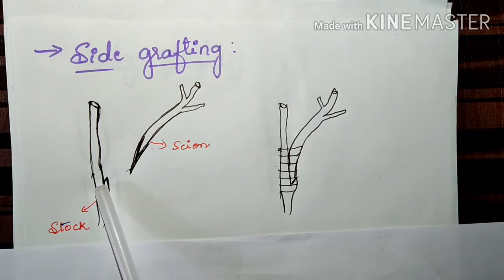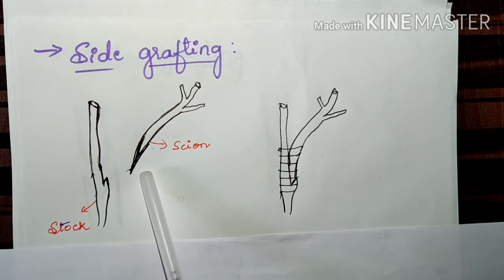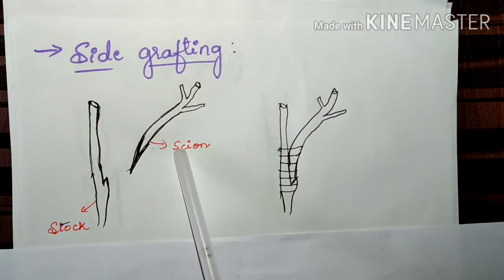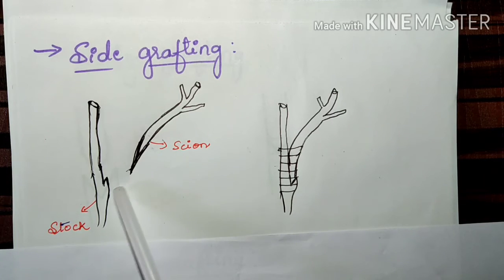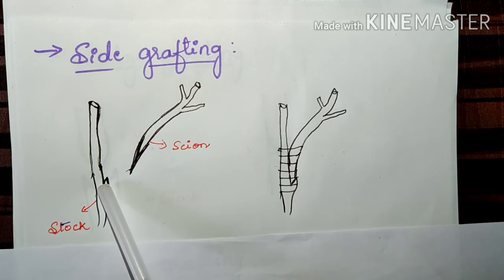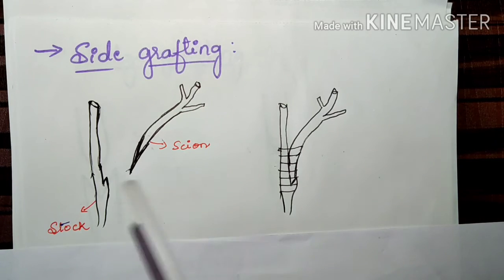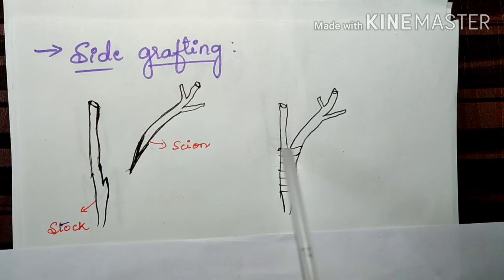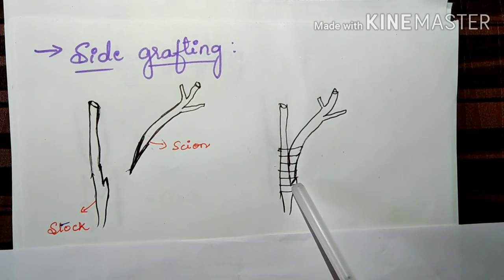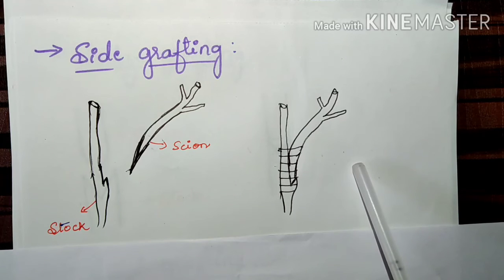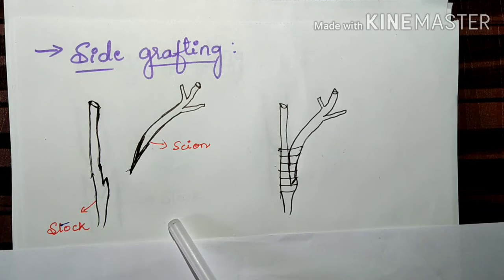Here you can see a slit in the lateral side of the stalk, and this wedge-shaped scion will be inserted in this region. Then we need to wrap it and allow it to develop into a single composite plant. This is how side grafting is done.